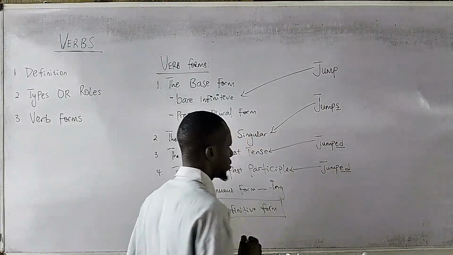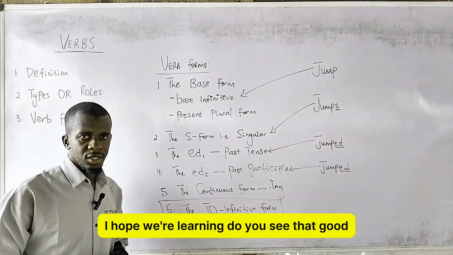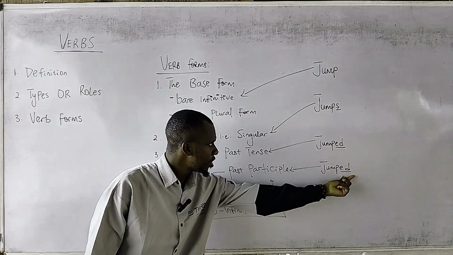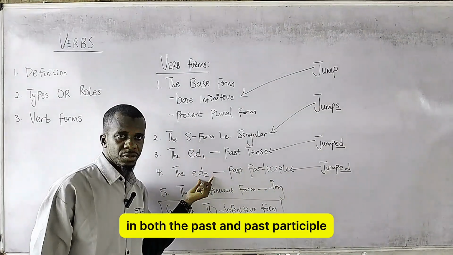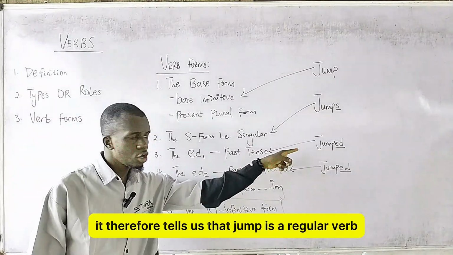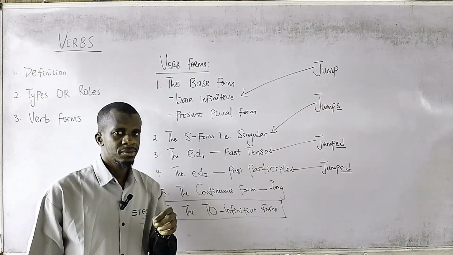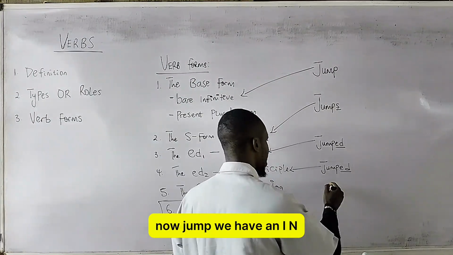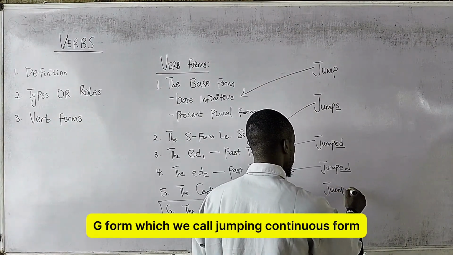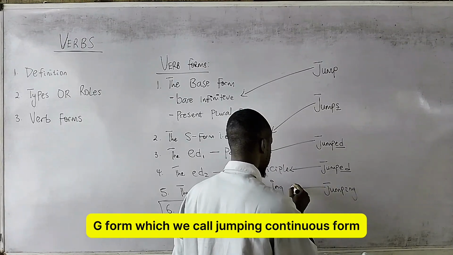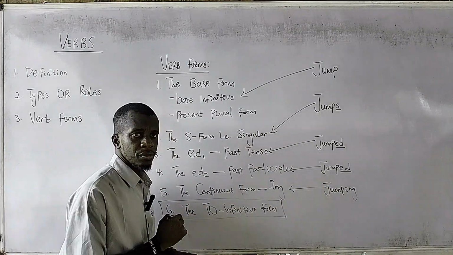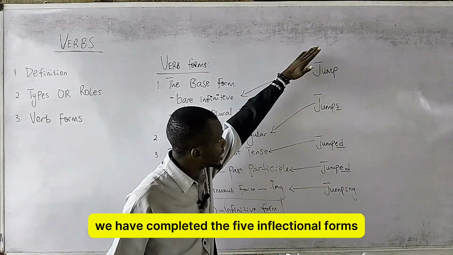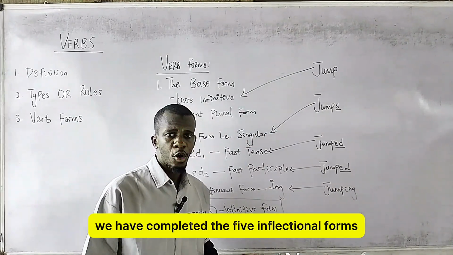I hope we're learning. So you can see now that jump takes ED in both the past and past participle. It therefore tells us that jump is a regular verb. Now, jump, we have an ing form which we call jumping, continuous form. So already, as a matter of fact, we have completed the 5 inflectional forms of the verb jump.